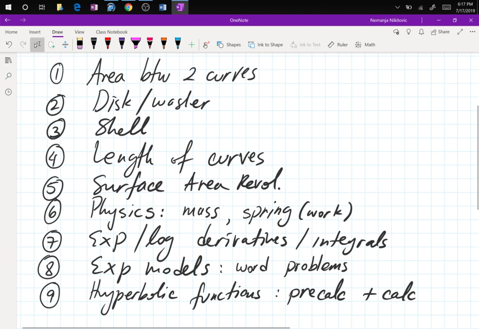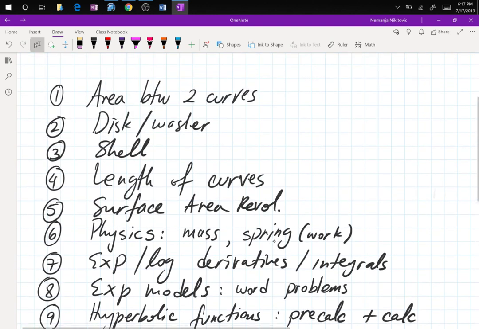You can encounter plus c integrals under hyperbolic functions. But all of the applied integrals are always with limits because you are calculating something. You're calculating work, energy, area. You're calculating something tangible. So most of the integrals will have limits which you have to compute as top minus bottom.